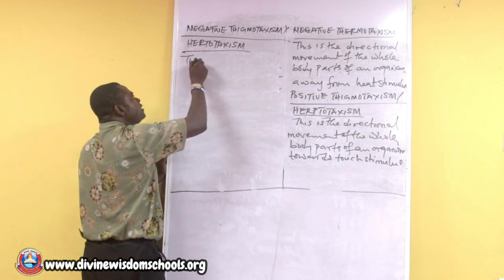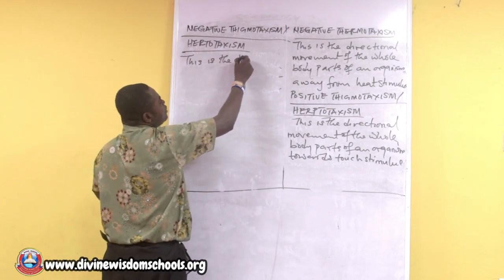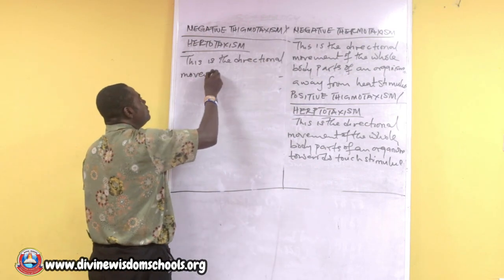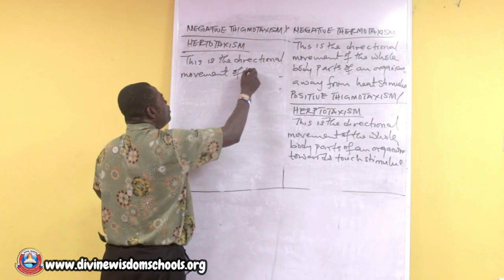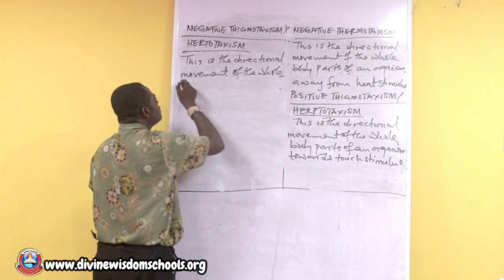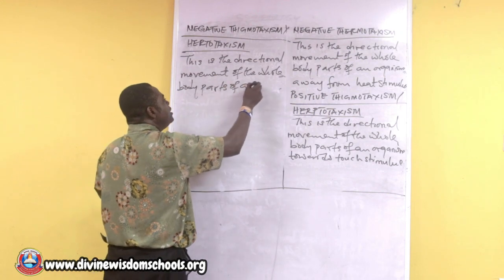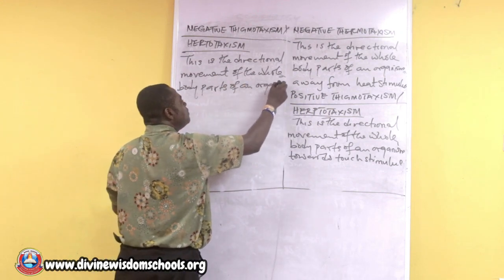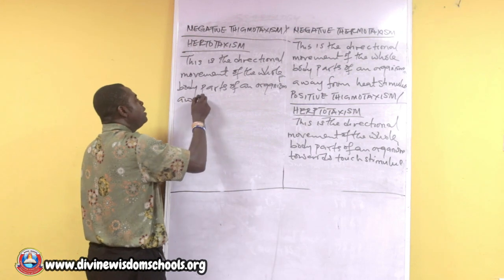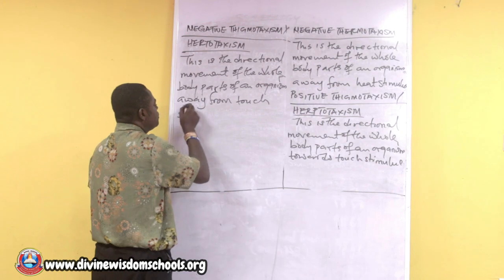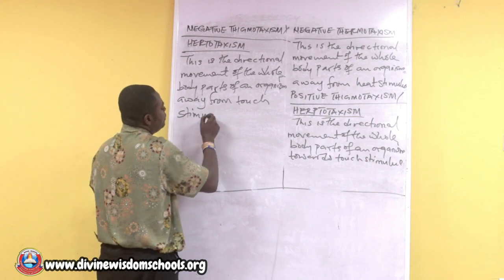This is the directional movement of the whole body parts of an organism away from touch stimulus.